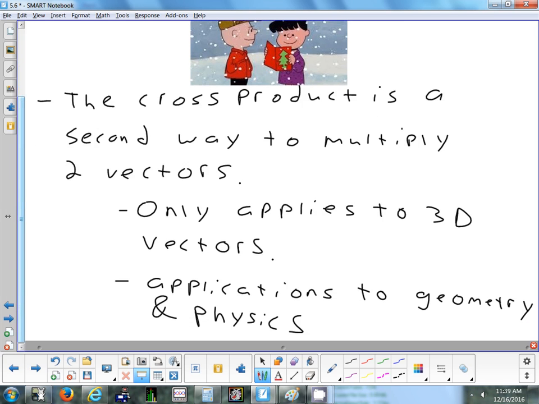Okay, and there's different applications for this in geometry and physics. Basically what the cross product does is if you take two vectors and you find a cross product between them, it'll give you a third vector that's perpendicular to both the other ones.